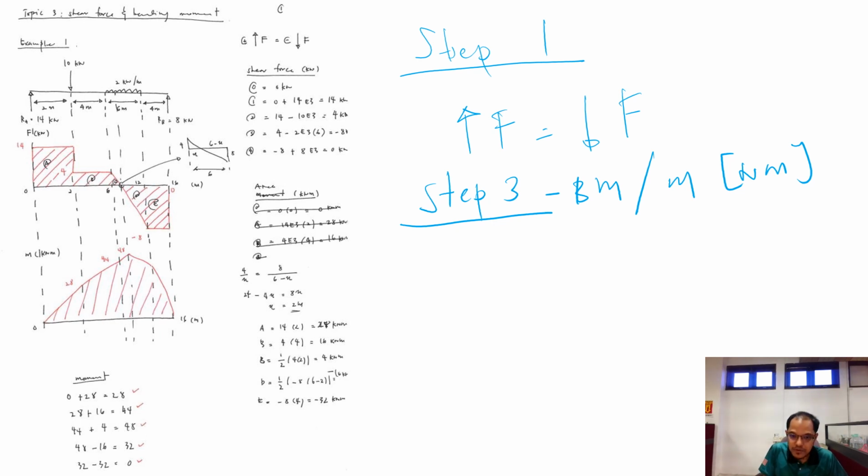What you need to do, first of all, is draw a horizontal line, a very simple horizontal line, then you scale it up: 0, 2, 6, 12, and the last one is 16.